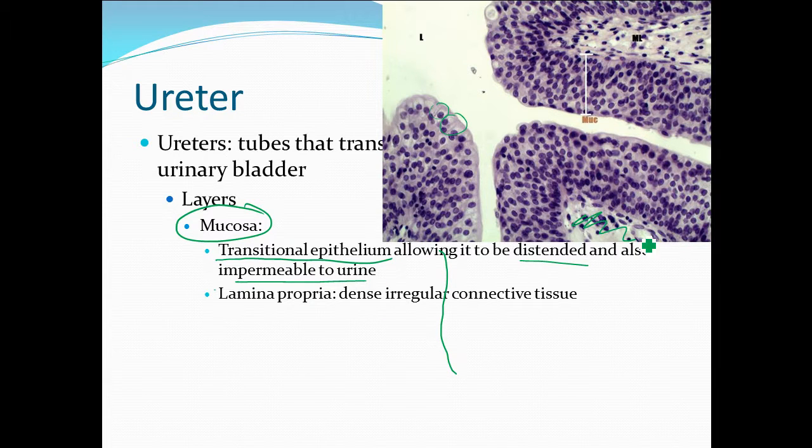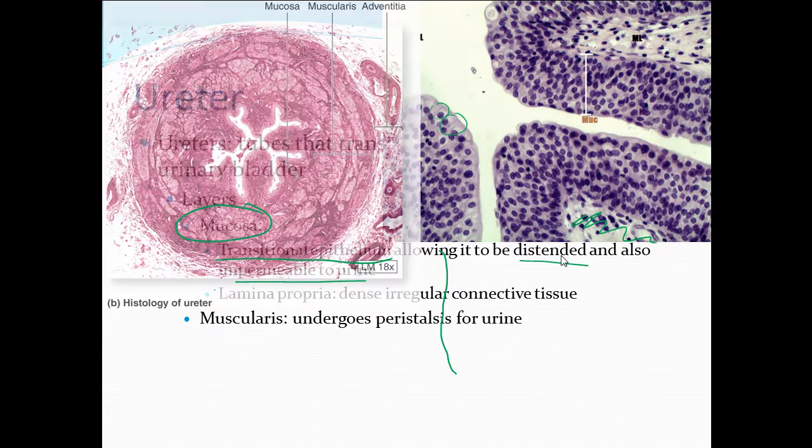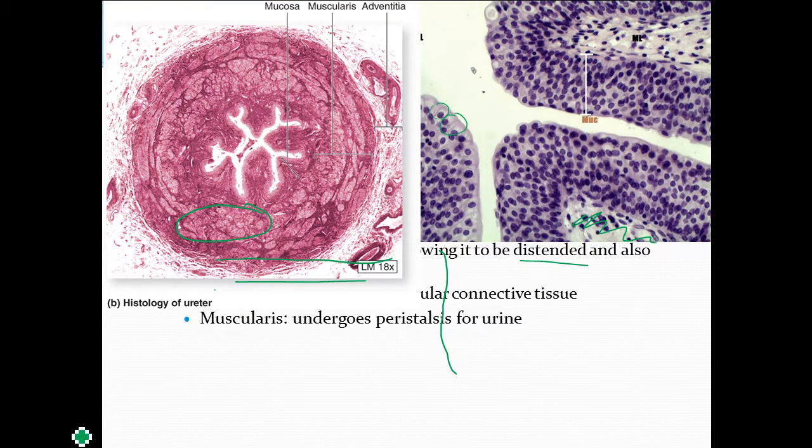Underneath it is the lamina propria, made of dense irregular connective tissue. And around that is the muscularis externa over here. It undergoes peristalsis to allow the urine to pass through.